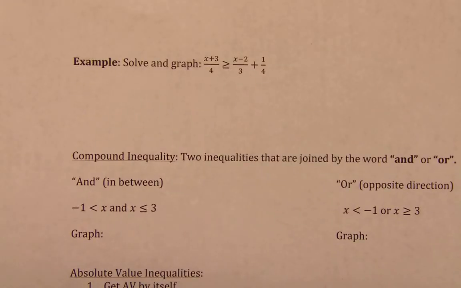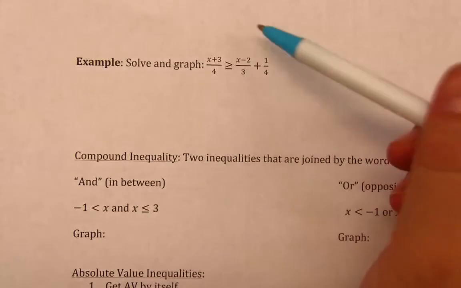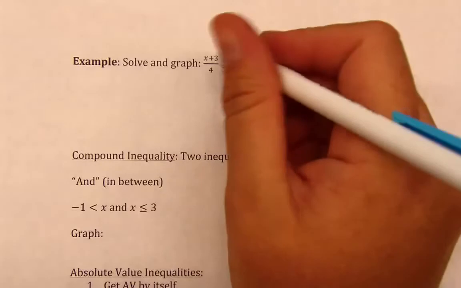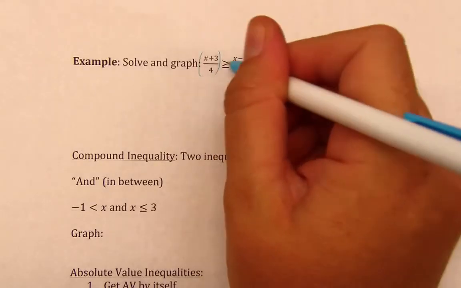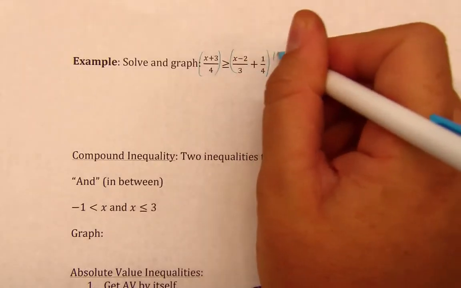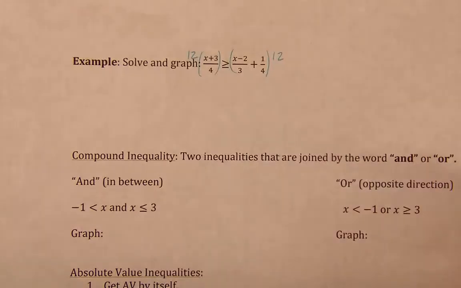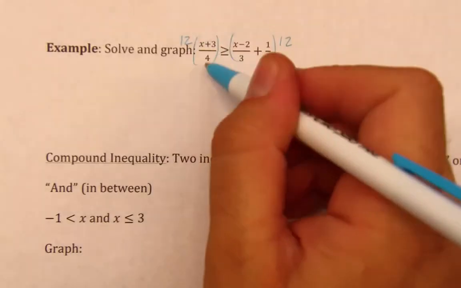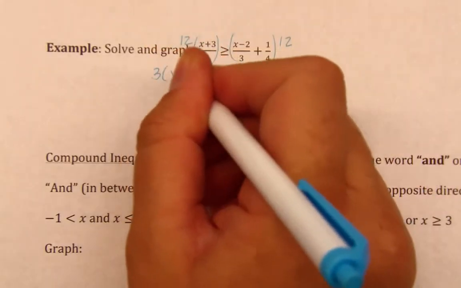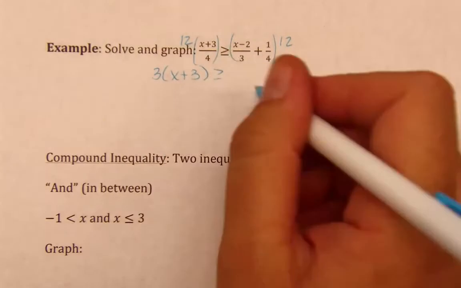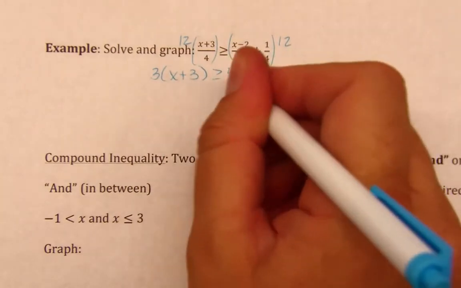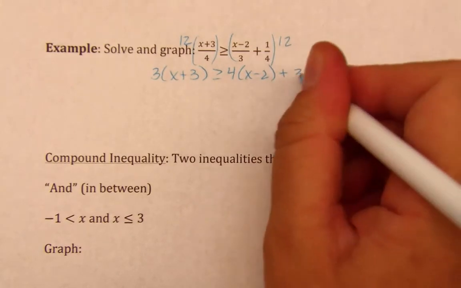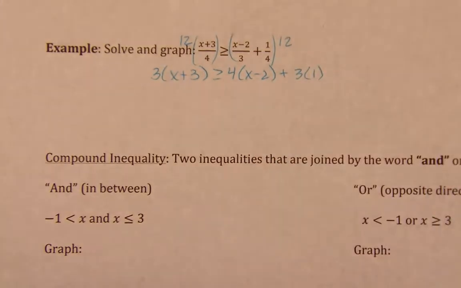We've got an inequality and we want to try and solve this. Now here we have some fractions. We don't have any variables in the denominator, so we don't need to worry about that. And because of that, we can just multiply by our common denominator, which in this case is 12. And then we're going to go ahead and reduce here. So 4 and 12 reduce to 3, and x plus 3 is greater than or equal to, and the 3 and the 12 reduce to 4, x minus 2, plus 12 and 4 reduce to 3 and times 1.